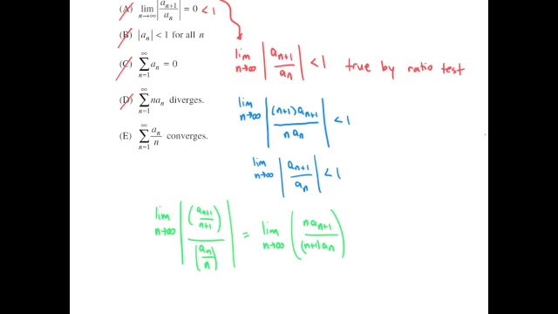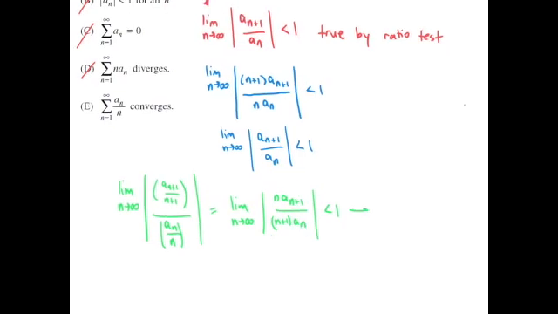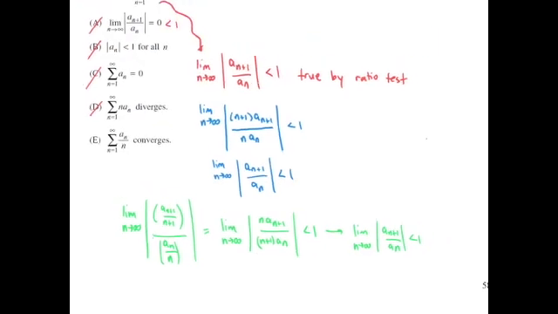Let me go ahead and change this to absolute values because we shouldn't have gotten rid of those. We don't really know what happens with the signs of a sub n, for example. Again, the question is, does this hold true for less than 1? And it does, in fact, because the limit as n goes to infinity of n over n plus 1 is simply 1, and we end up getting the exact same relationship that we did in the beginning.